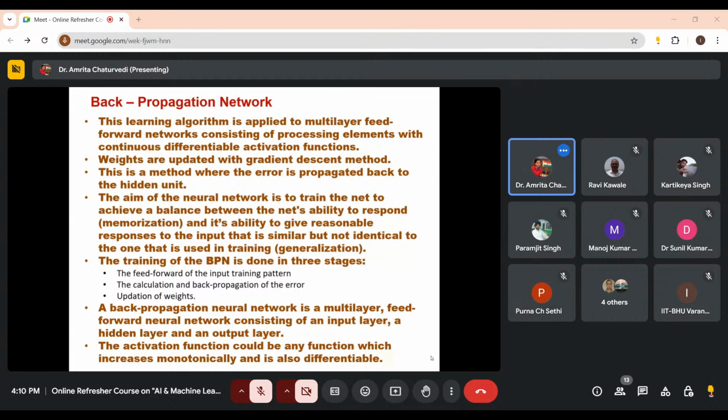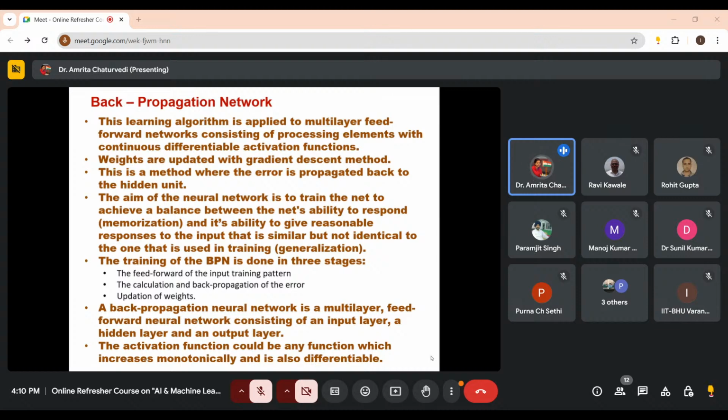The training of the backpropagation network is done in three phases or stages. One is the feed forward of the input training pattern, that is the normal training of the network. Then calculation and back propagation of the error. In phase 2, you calculate the error and back propagate it so as to change the weights.